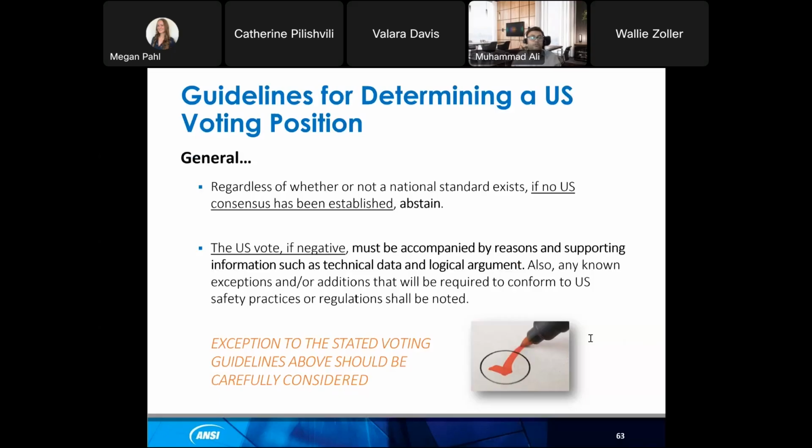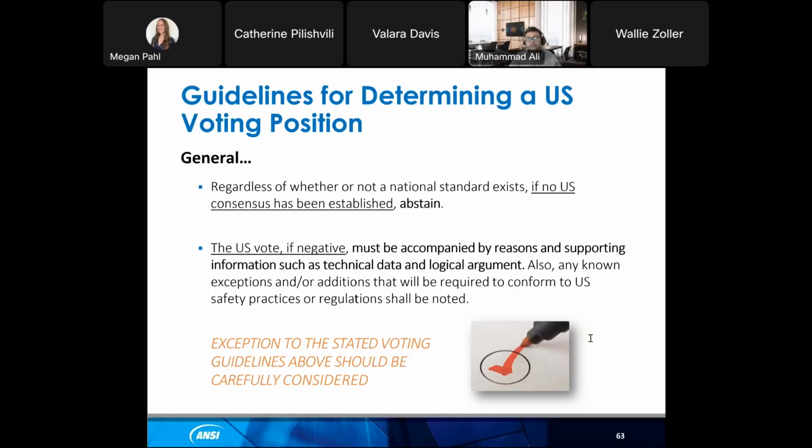The U.S. vote, if you're voting negative, should be accompanied by, actually it's a requirement, must be accompanied by reasons and supporting information such as technical data and logical argument, as well as noting the fact that any known exceptions and/or additions will be required to conform to U.S. safety practices or regulations, and should be noted in the comments that you're submitting.